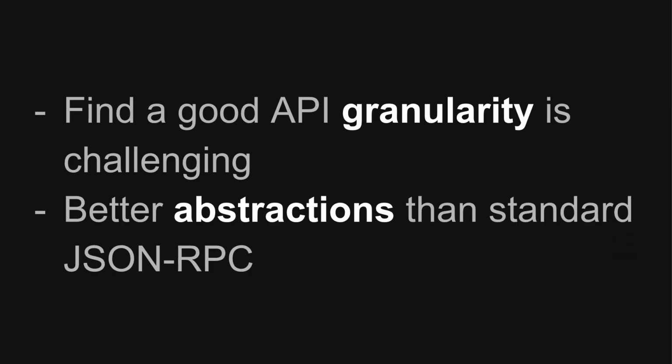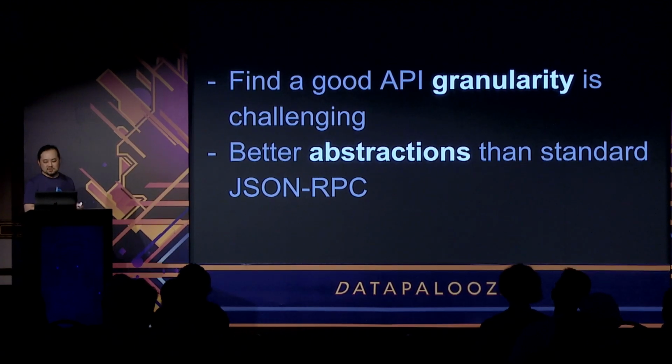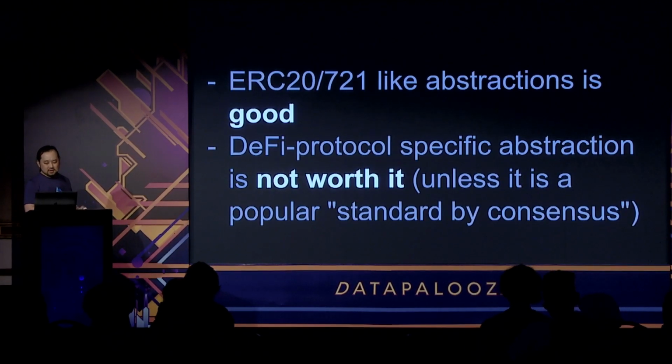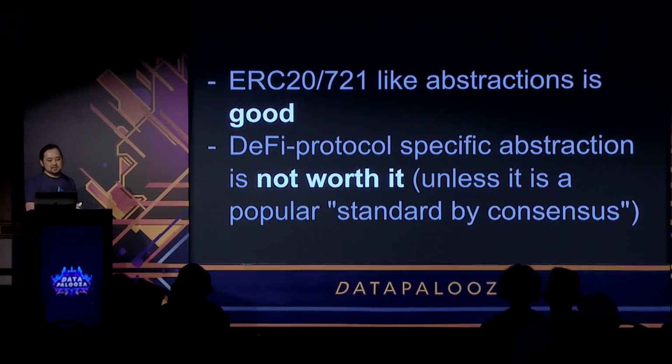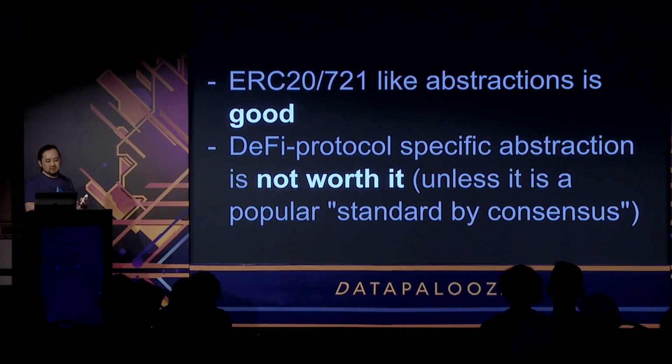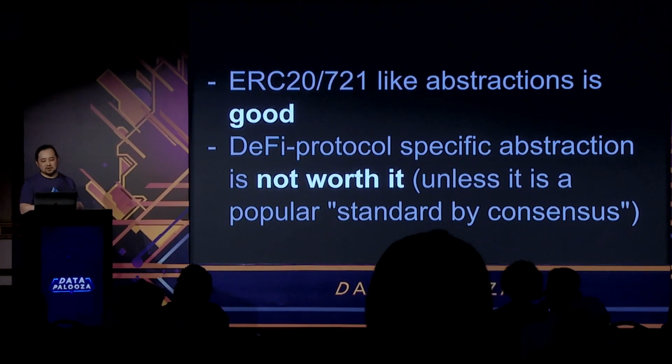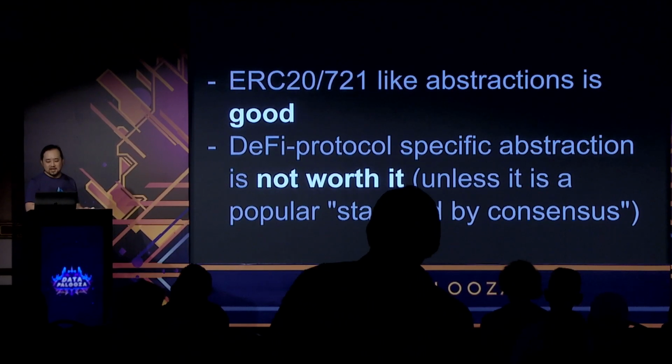And again, talking about challenges, finding a good API granularity is hard. Our goal is to find a better abstraction than just headers and blocks, but try not to go too far from that. Why? Well, we realized that ERC-based abstractions are good. Having methods to get a paginated list of all your token transactions is something very desirable.